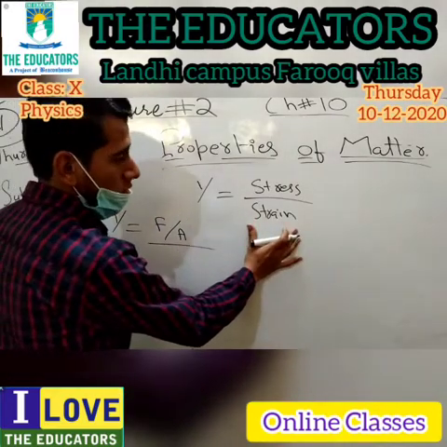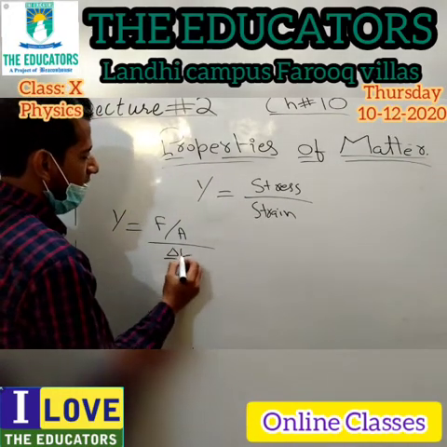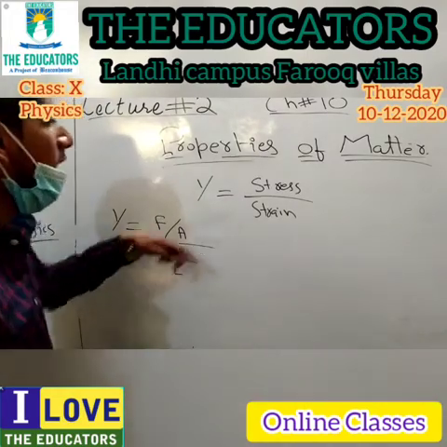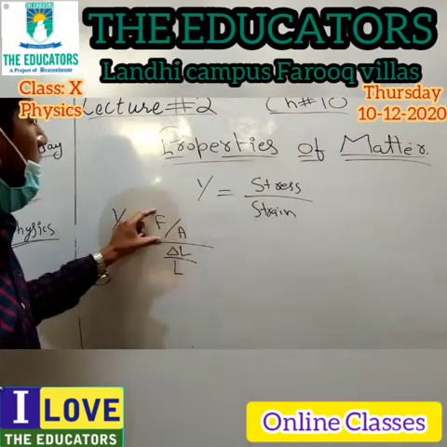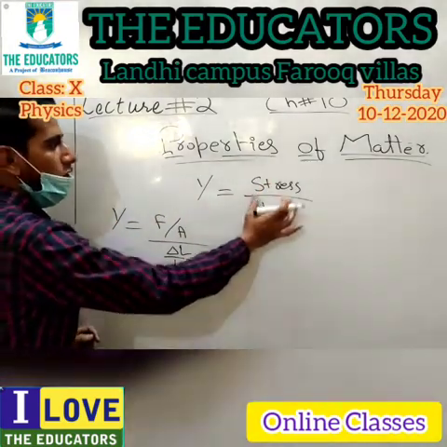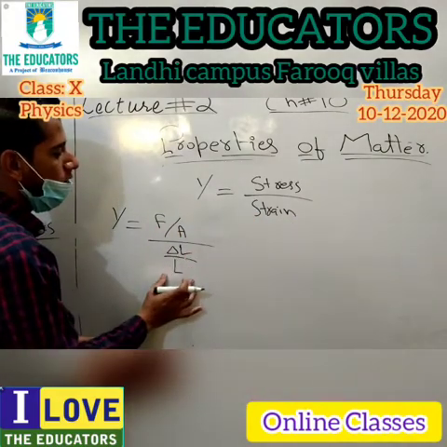If we talk about longitudinal strain, that will be del L over L, the change in length per unit original length. So I have simply put their respective values here in this formula.